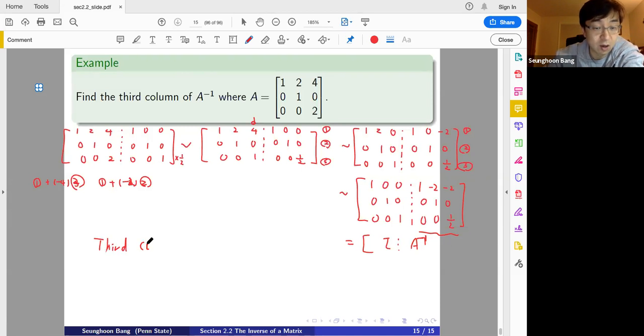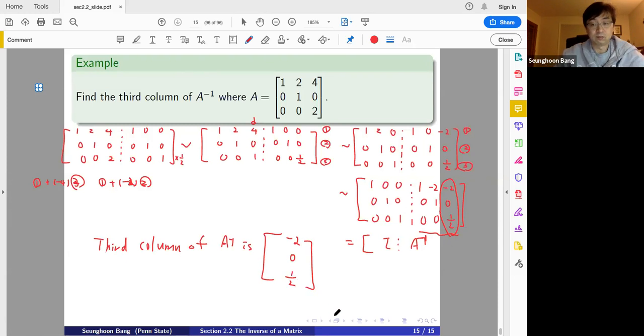The third column of the inverse matrix is negative 2, 0, 1 over 2. This is exactly the third column of the inverse matrix A.